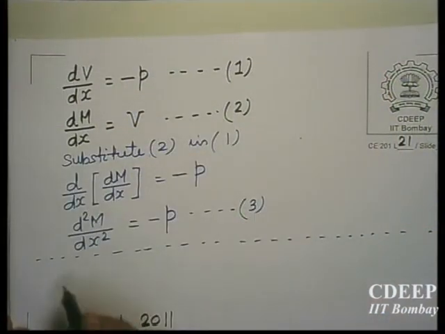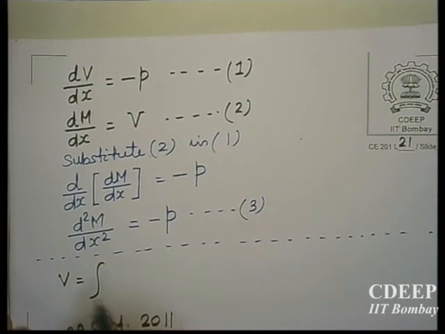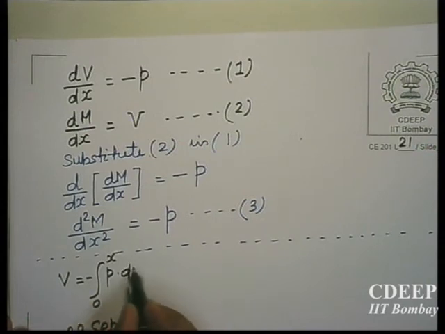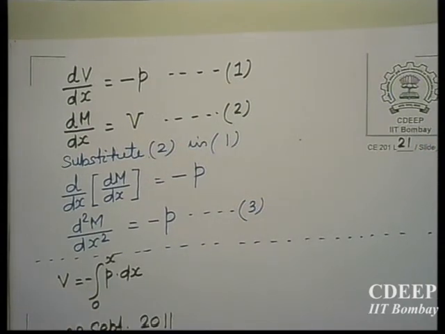For example, from the first relationship, V can be found out as the integral from 0 to x of minus p dx.